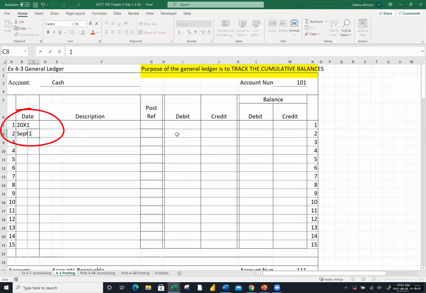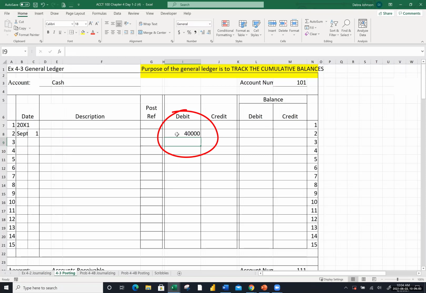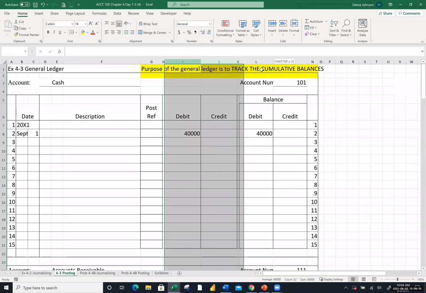Now remember, we debited cash for 40,000. At all times, we're going to keep track of the balances. So how much cash do we have right now? We have 40,000. And if you want these numbers to display so that they're easier to read, let me fix that for you.